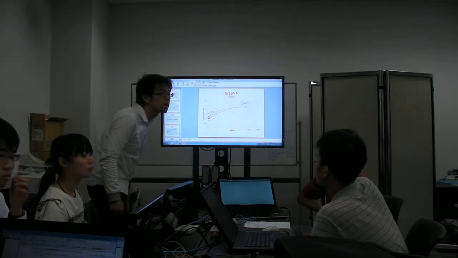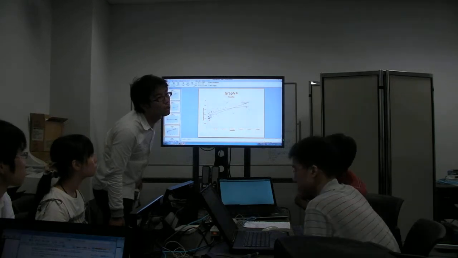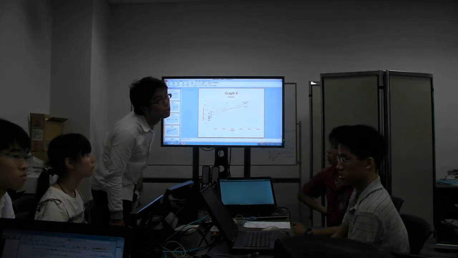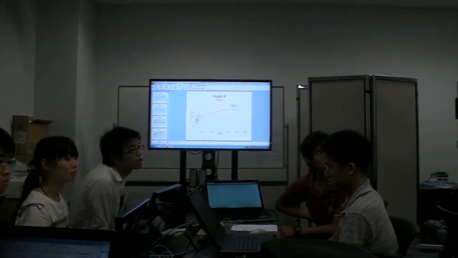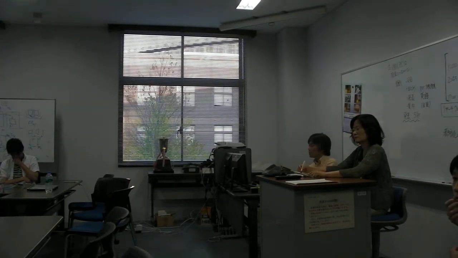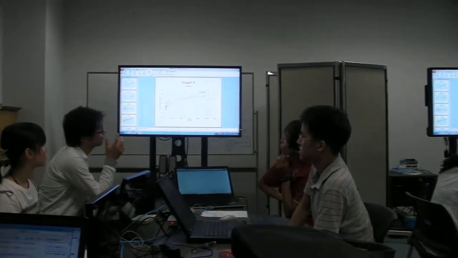You mean the number of crimes per person saturates at high income, right? When the income exceeds 10 million yen, that number of criminals per person saturates. Yeah, it might be, but we can't say that.